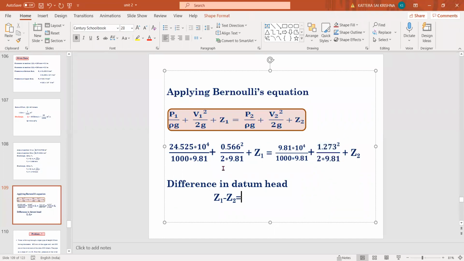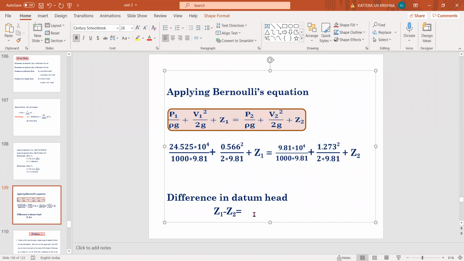Okay, so with these things we have got Z1 minus Z2. Directly you're telling, just tell me this. 4975?